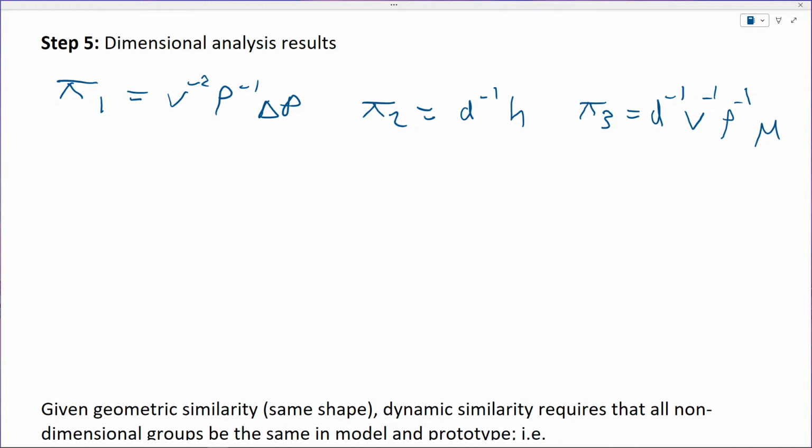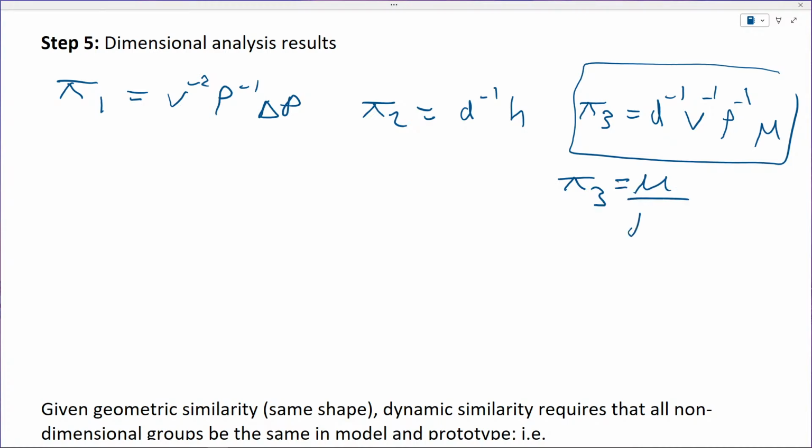Does this look familiar? Have we seen this before? Let me show you. Mu over D V rho. Actually, this is my Reynolds number.